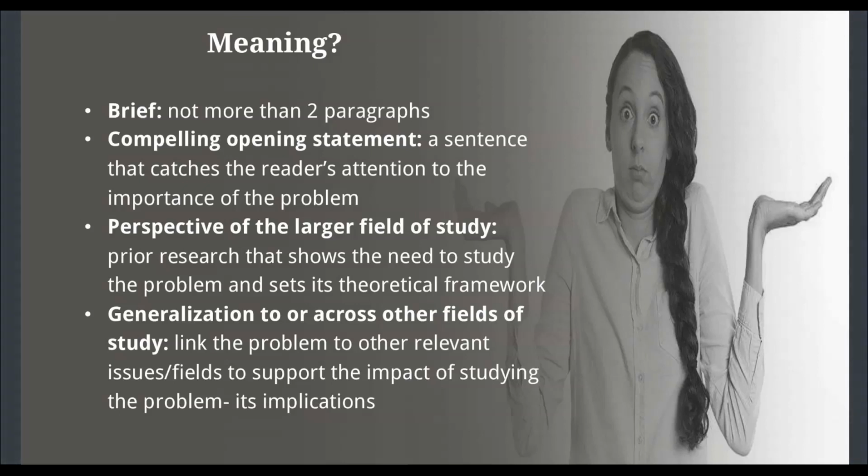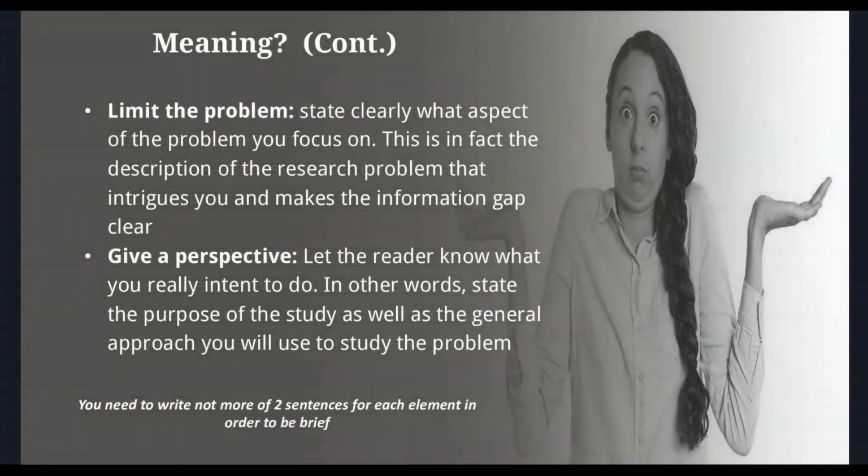Okay, the next two elements that should be in the problem statement, the first one is limit the problem. It is because stating what specific aspects of the intriguing situation you are going to study sets the framework within which you will work and be evaluated, and defines the gap of information your study intends to fill.